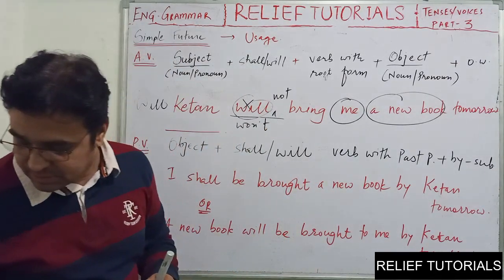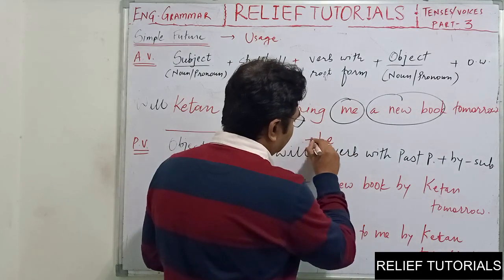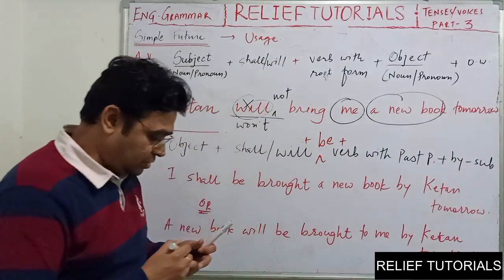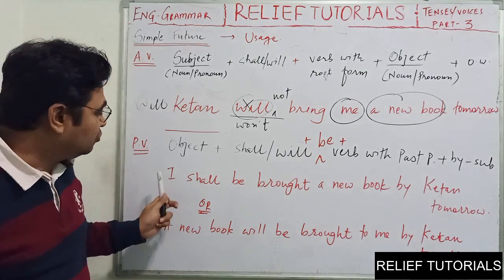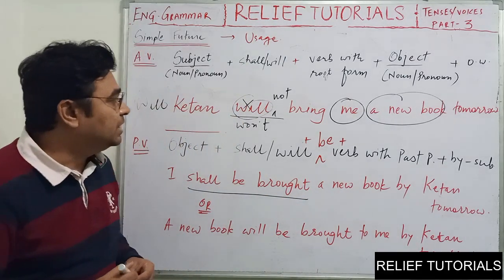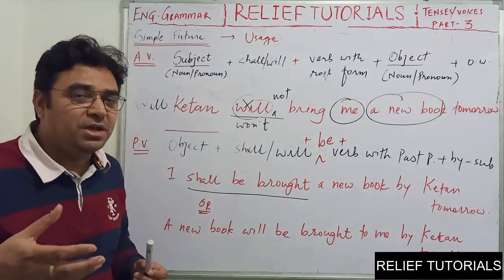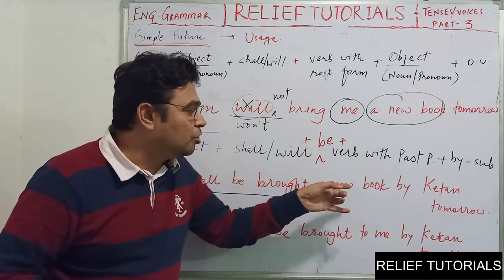That is be. So shall be or will be with past participle. So I shall be. This is the whole form. Now the past participle form of bring is brought. I shall be brought a new book.